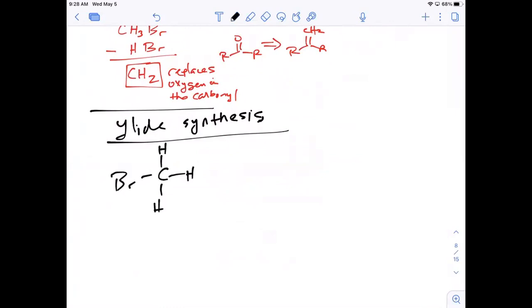So that's my alkyl halide, and I'm going to react that with triphenylphosphine. Phosphorus has a pair of electrons, and so I'm going to come in and do an SN2 substitution on the alkyl halide.